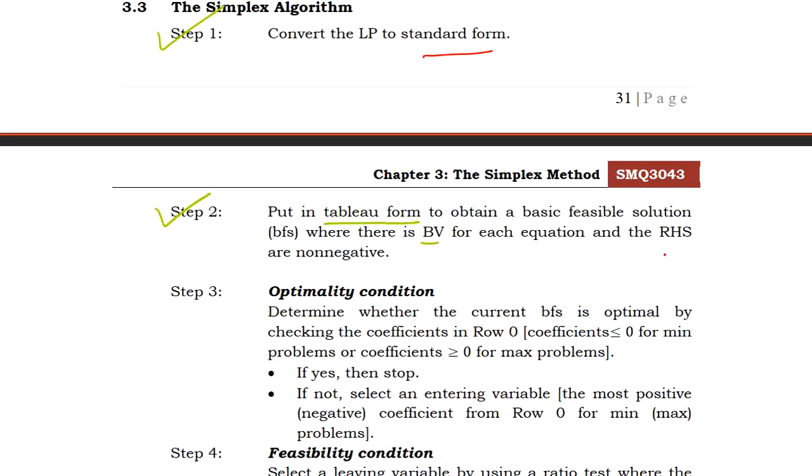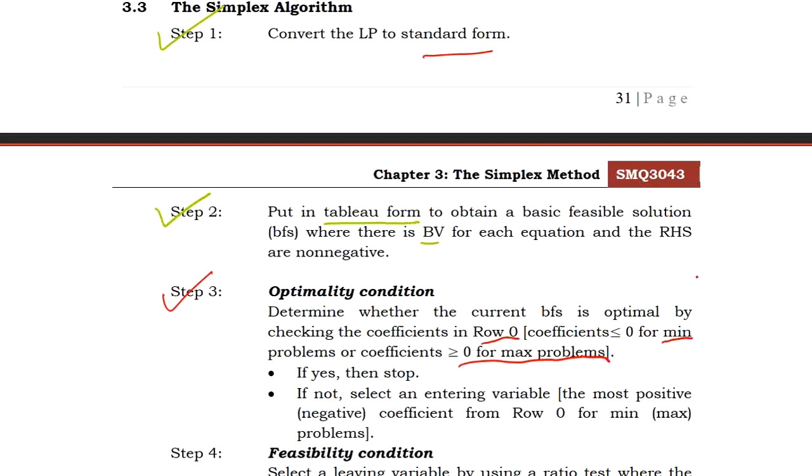Okay, in step 3, we need to check the optimality condition by looking at row 0, determine whether the current BFS is optimal by checking the coefficient in row 0, the coefficient less than or equals to 0 for minimization problem, or coefficients greater or equals to 0 for maximization problems. If yes, then stop. It is already optimal.